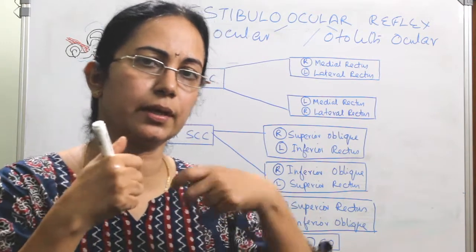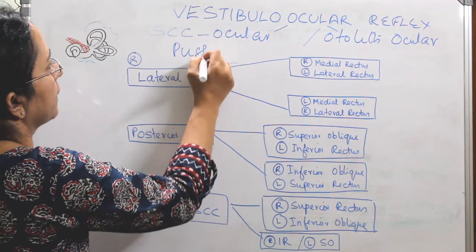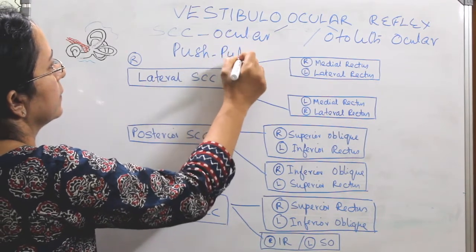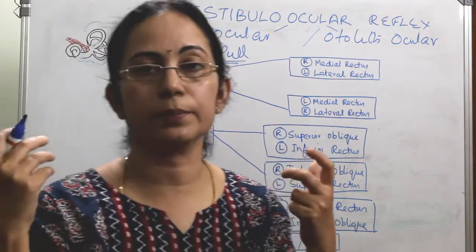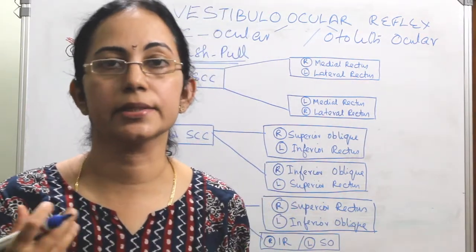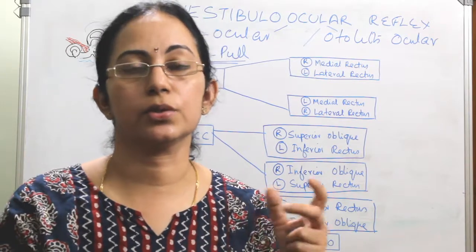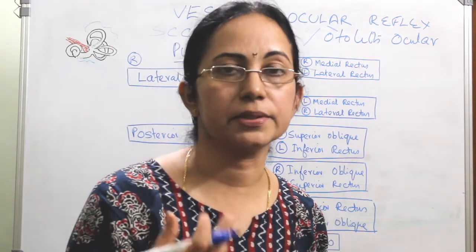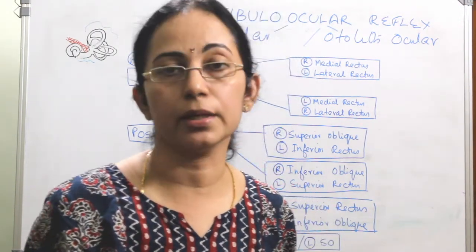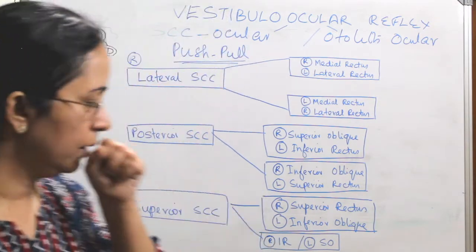Okay, one side pushing and the opposite side pulling, a push-pull mechanism. Right? And if the forces from the push and pull are equal, we get a normal balance. If there is an increase or decrease on the opposite side, it will present as vertigo, and the patient will complain of so many symptoms as we have already discussed, right?